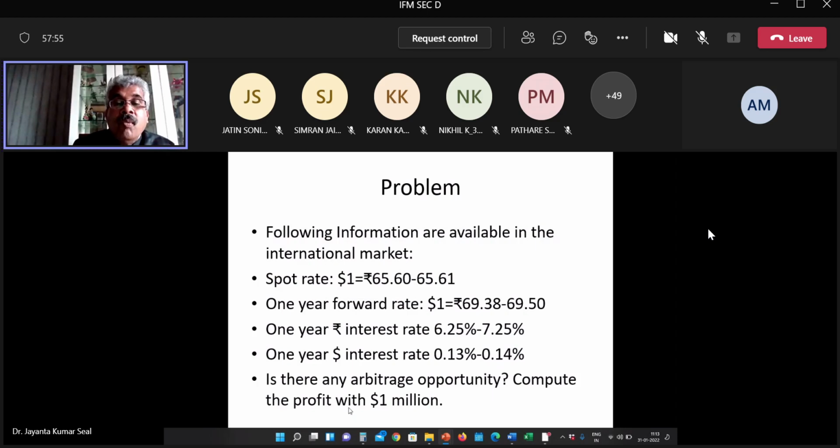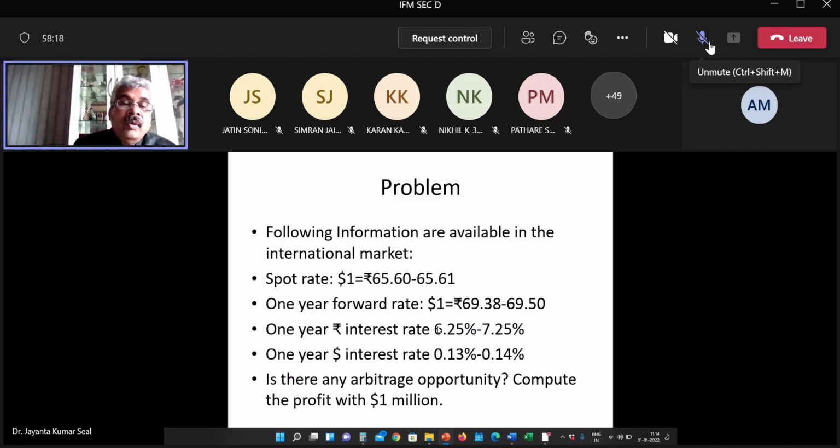So you borrow $1 million. What is the rate of interest you have to pay? 0.14%. If you borrow $1 million for 1 year, how much do you have to repay? 1 million and 1400, that is 0.14% on 1 million, which comes to 1400.